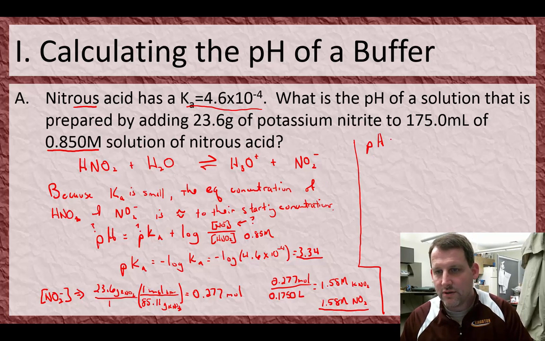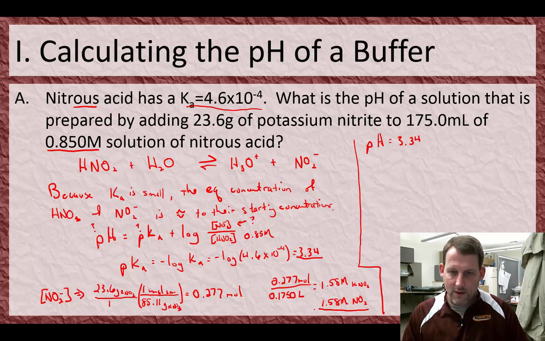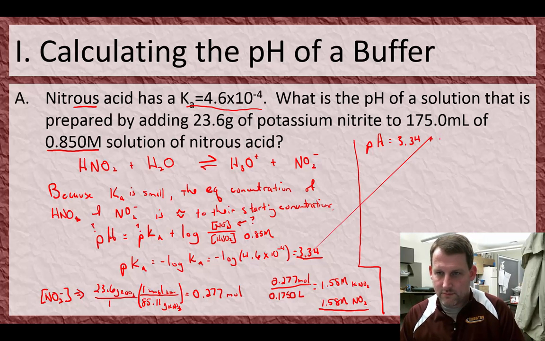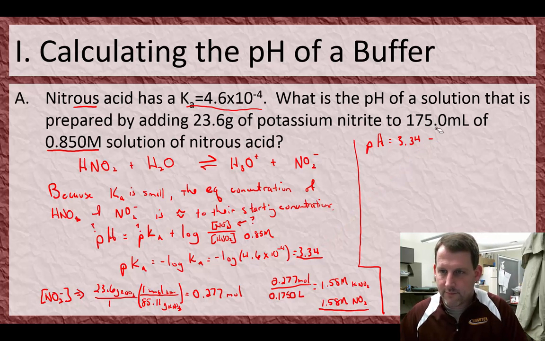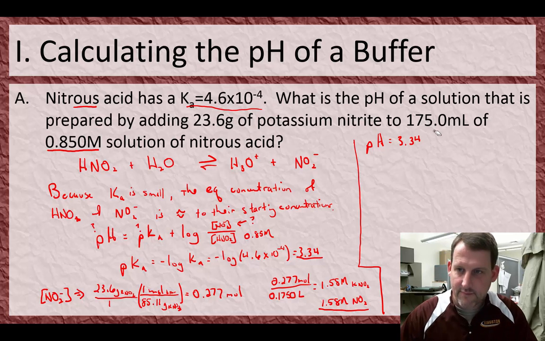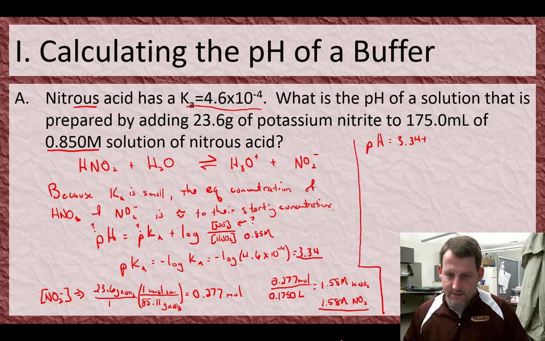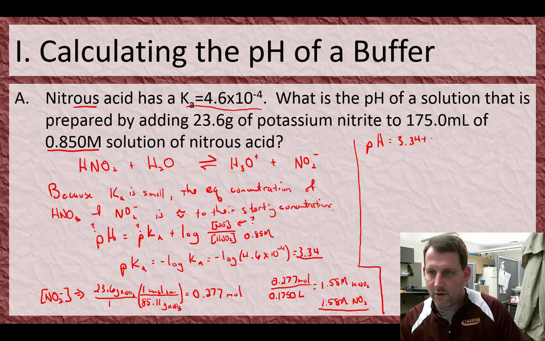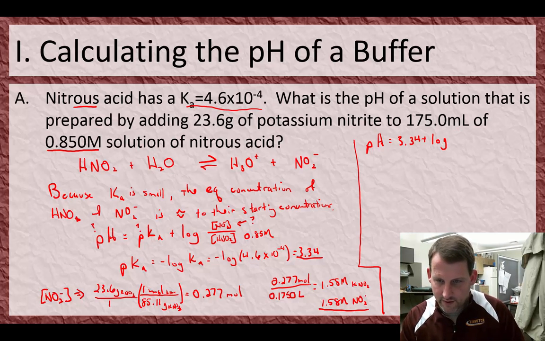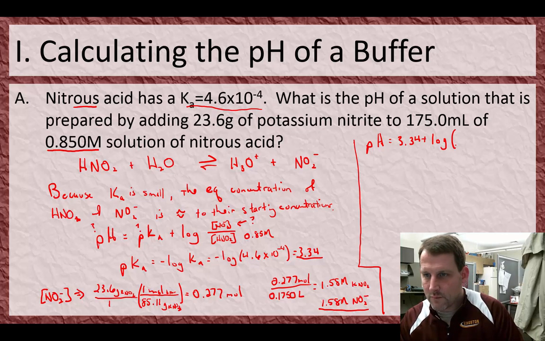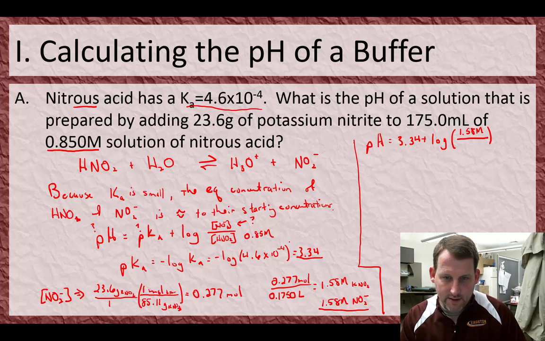So pH is equal to the pKa, which is 3.34, plus the log of the concentration of A minus, which is this one here, NO2 minus, 1.58 molar, and divided by the concentration of HNO2, which is 0.85 molar.